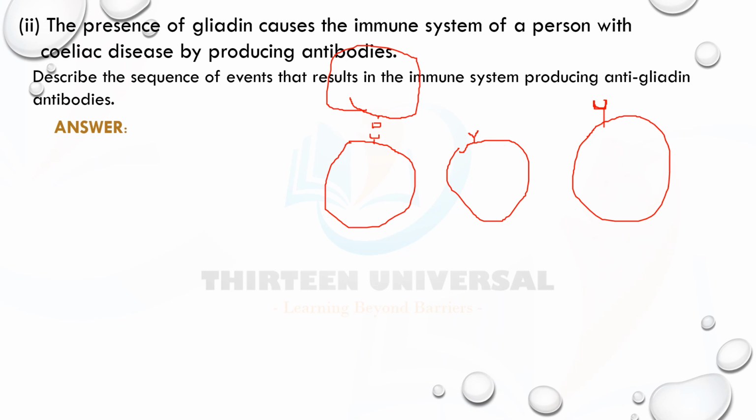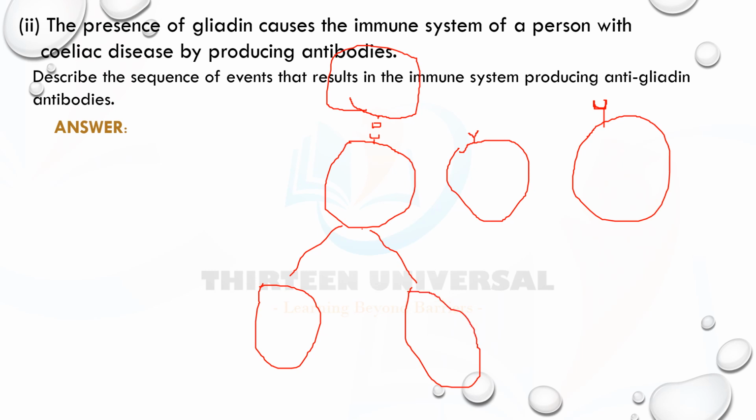Then the next is clonal expansion. So antigen presentation, clonal selection, then clonal expansion. This particular clone divides by mitosis to form other cells. They divide rapidly to produce more cells like it.